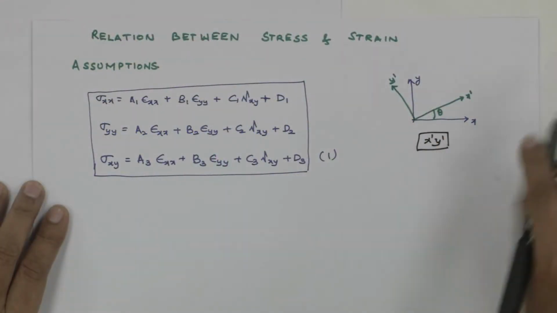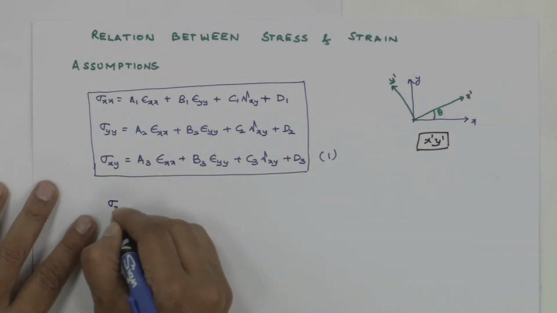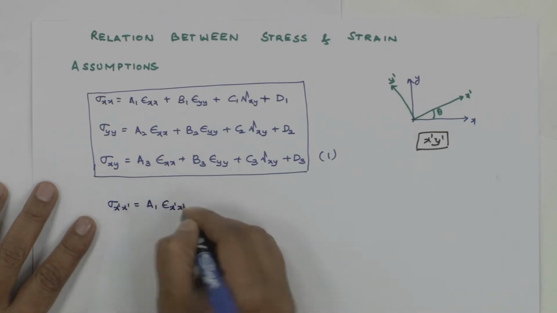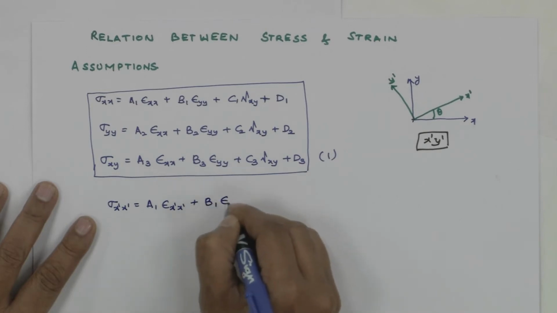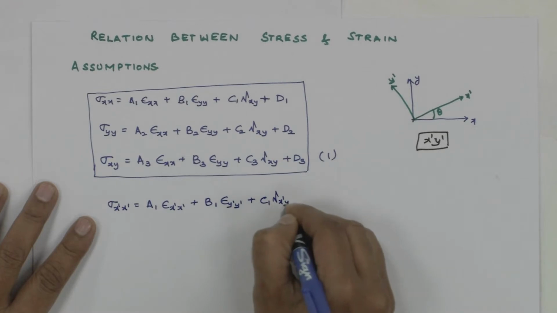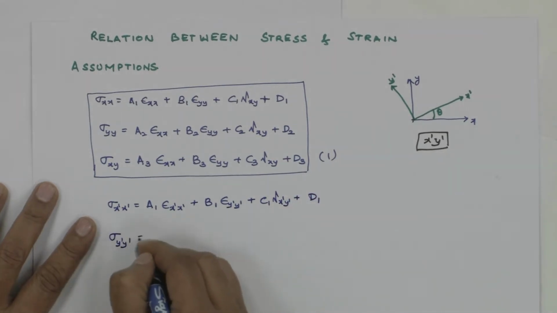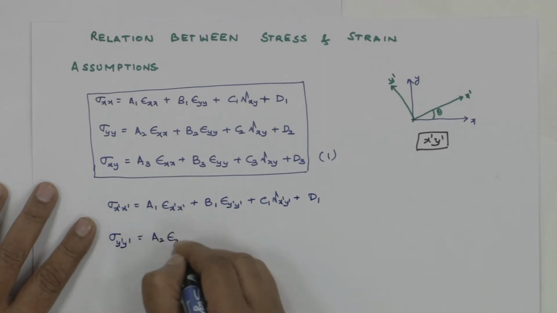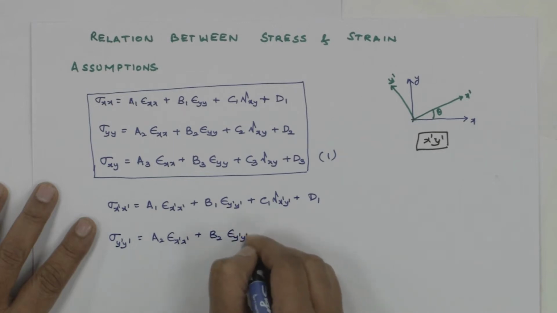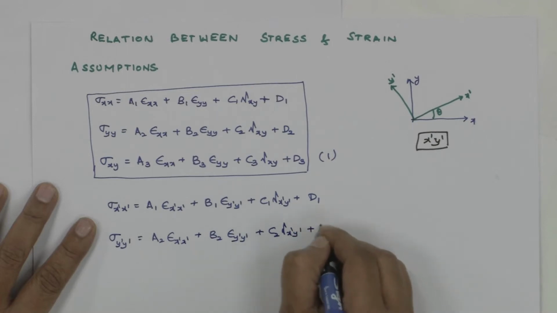So even with x prime y prime, my constants should remain the same, that is sigma x prime equal to A1 epsilon x prime plus B1 epsilon y prime plus C1 gamma x prime y prime plus D1, and sigma y prime equal to A2 epsilon x prime plus B2 epsilon y prime plus C2 gamma x prime y prime plus D2.